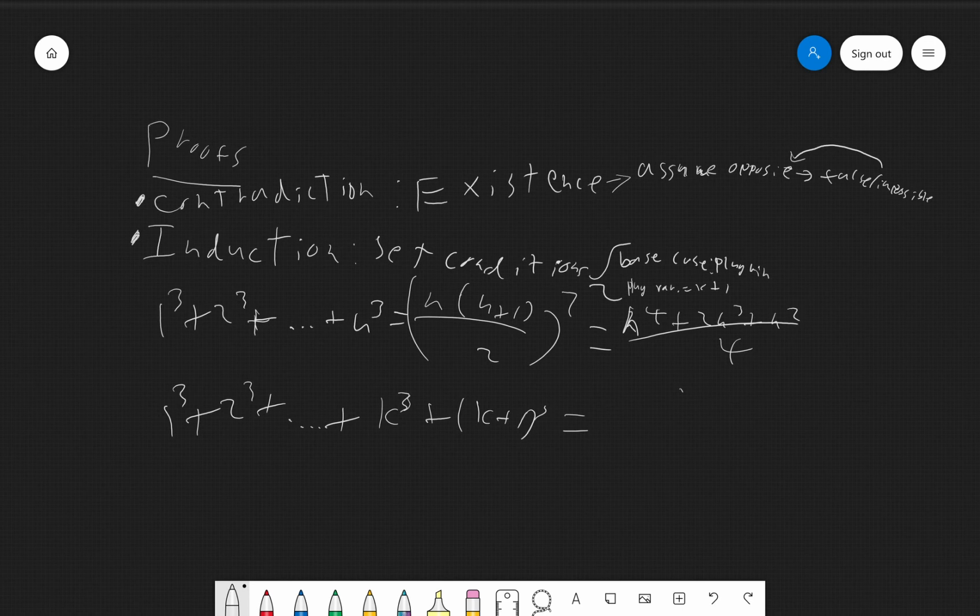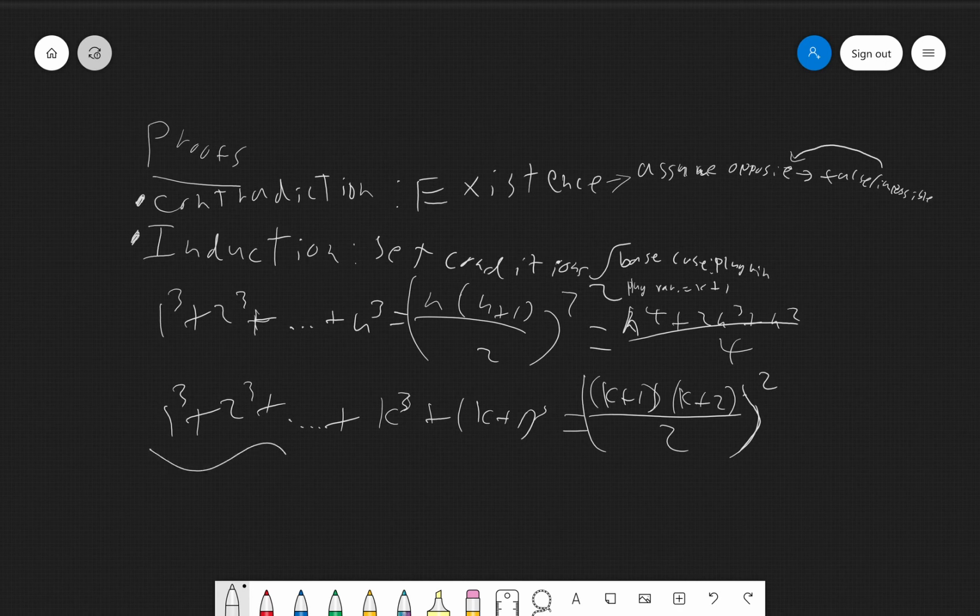So we're going to do (k plus 1) times (k plus 2), and we're just gonna keep this form for now and then expand this numerator, and then square it, and when we expand the top and square it, it'll be a lot easier.